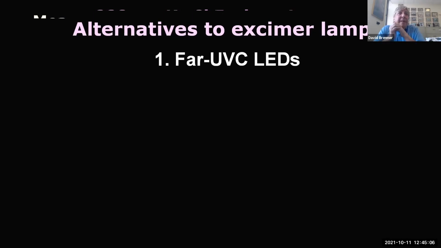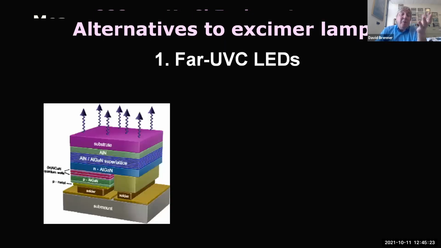So all the manufacturers are producing excimer lamps, but there are alternatives, and the obvious alternative, which when I got into this I thought, well, it's obvious that we'll move to LEDs eventually, is the LED. But although there are LEDs in the Far-UVC, and the Berlin team are the world experts on that, their efficiency is so small at the moment as to be not useful.